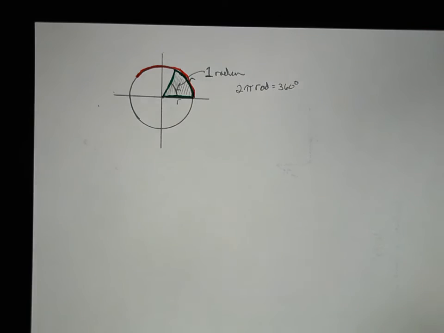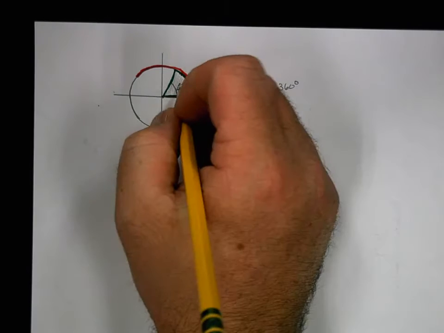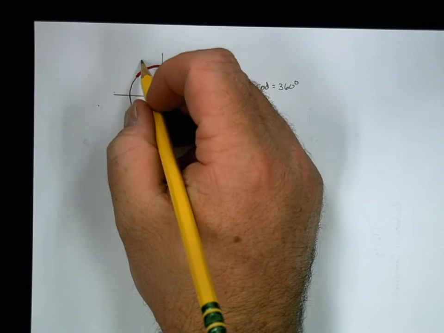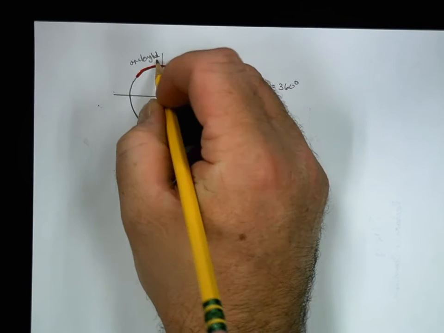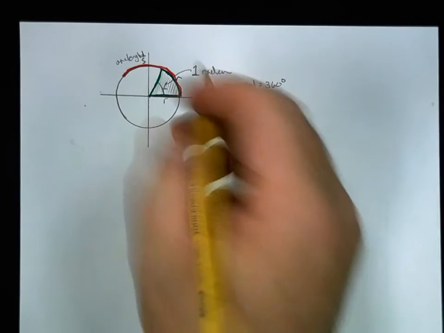Okay, our theta is this S, so this is arc length S. This arc length S is the total distance all the way from there to there.